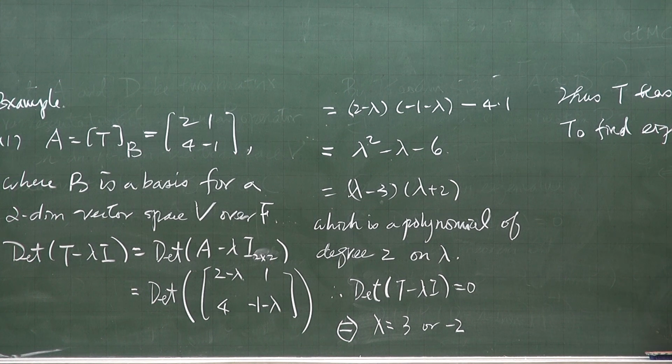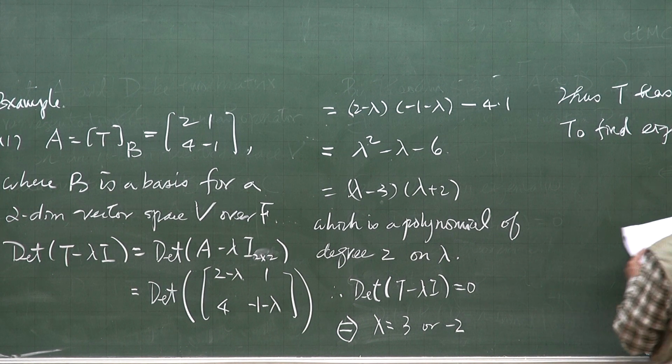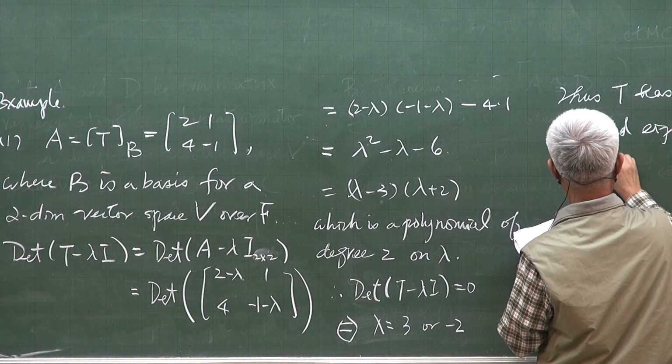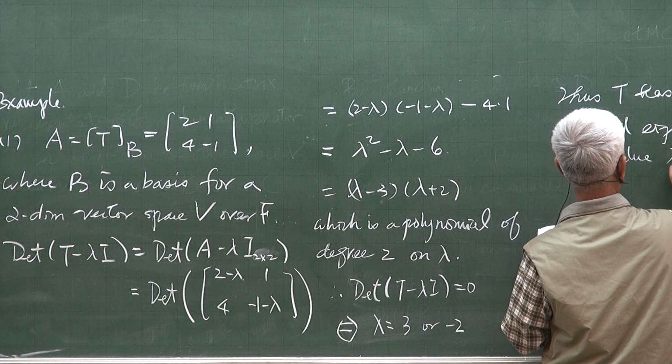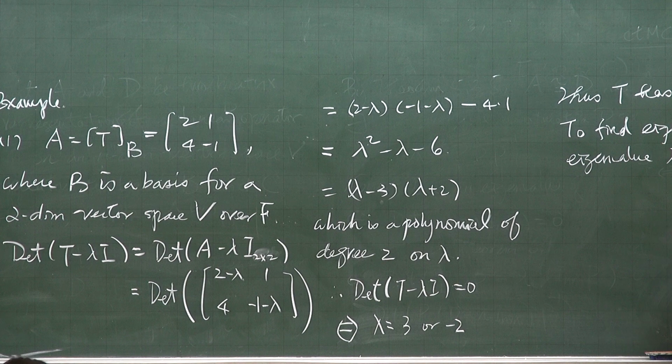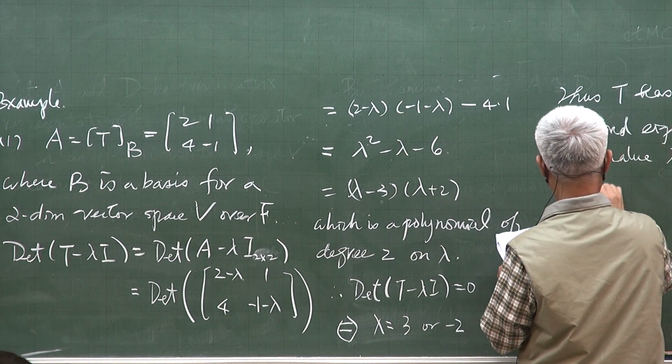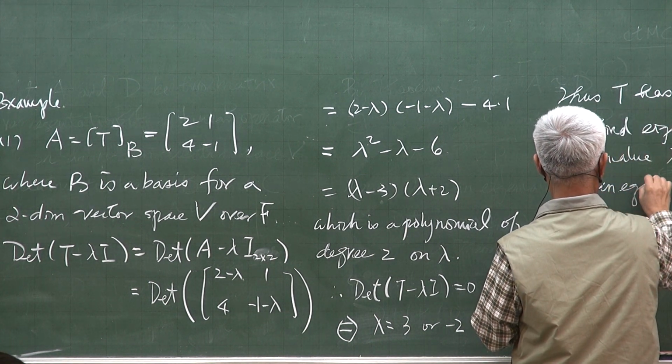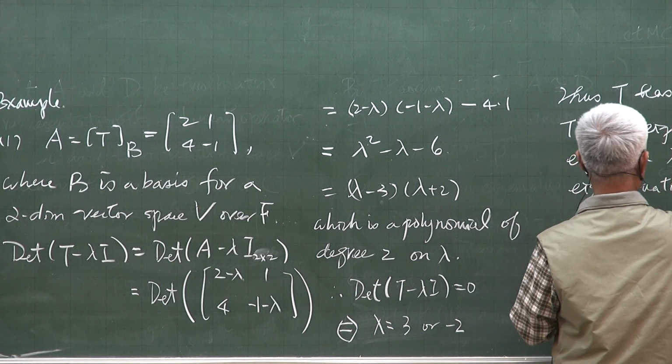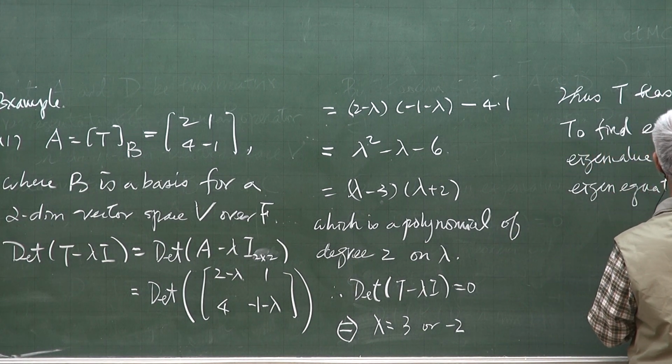We don't know. So to find eigenvectors associated with the eigenvalue lambda equal to 3, we consider the eigen equation with lambda equal to 3.